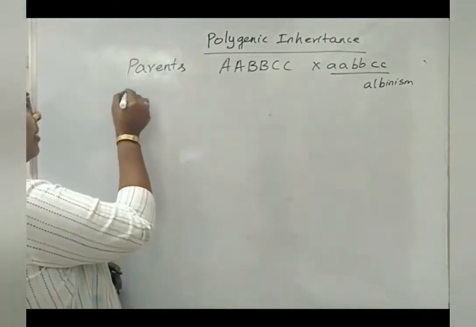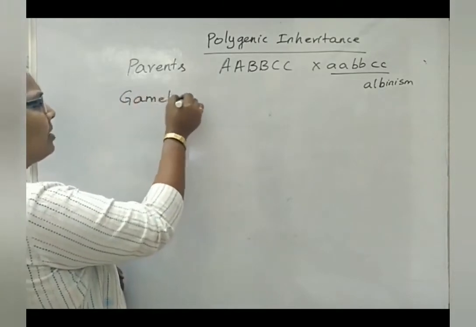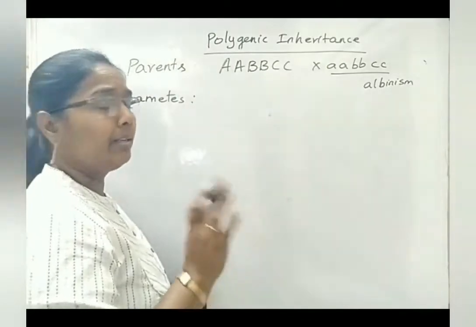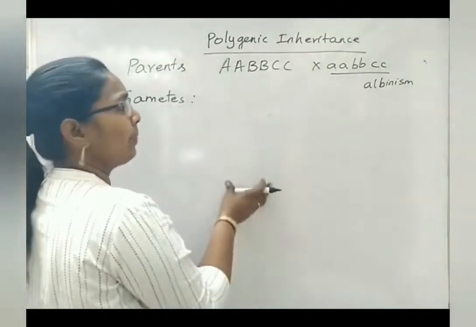So if we extract the gametes from the parents, how do they look and what is the number? Total number of gametes from both will be 16, but from each parent it will be 8.